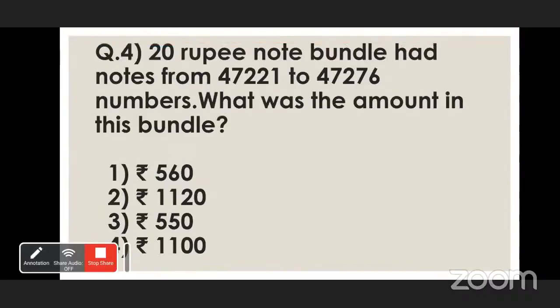Okay. Now read question number 4. A 20 rupee note bundle had notes from 47,221 to 47,276 number. Don't read it as 47276, read it as 47,276. Okay.